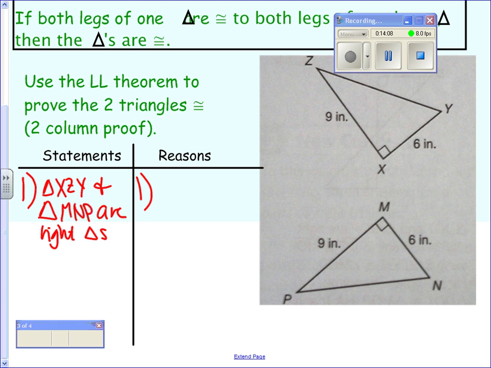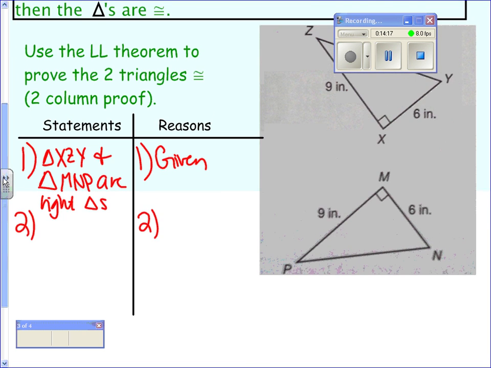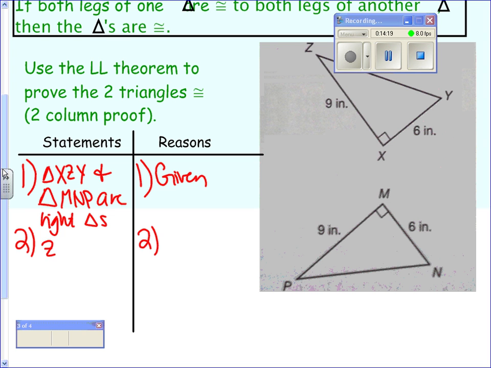What's the reason? Okay. What would be the second statement? What?